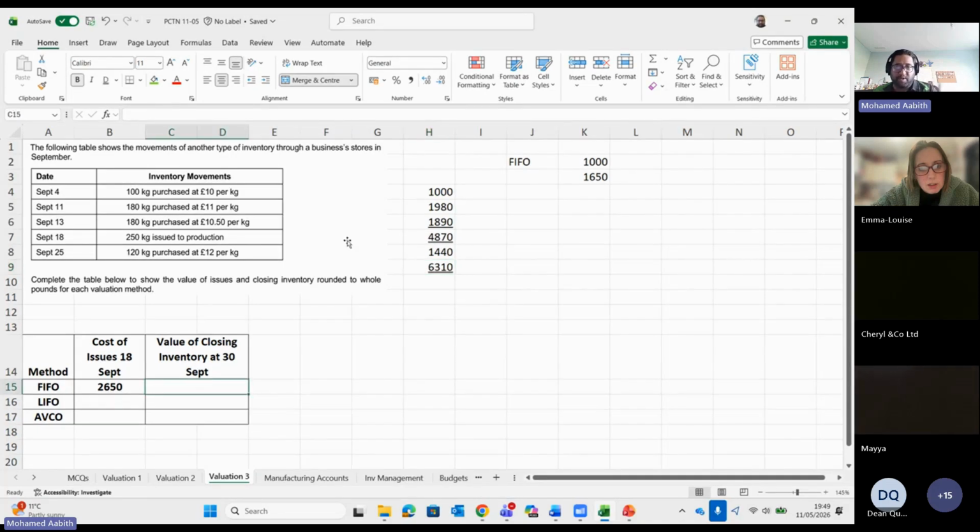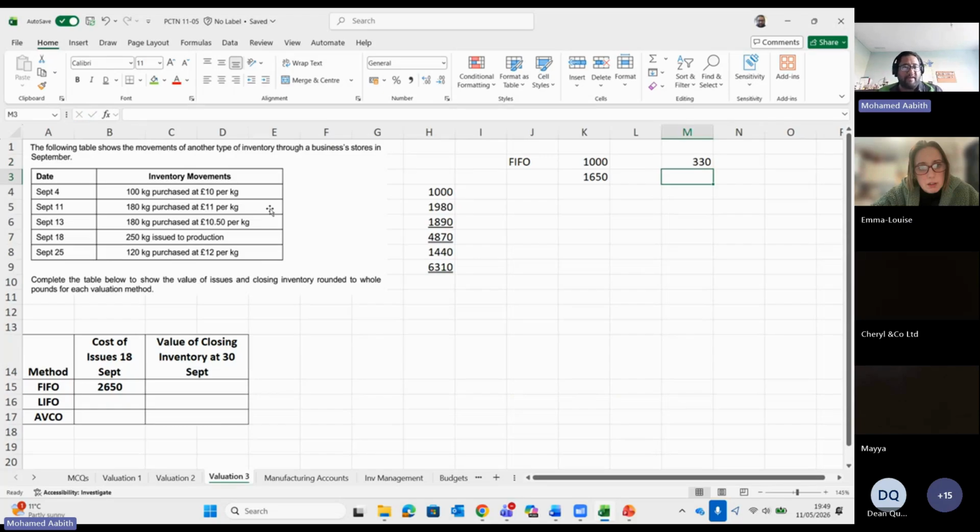But let's prove it quickly. What is the closing inventory in this scenario? Do I have anything from this 100 kilograms? No. Do I have anything from this 180 kilograms? Yes. We only spent 150 kilograms, so 30 kilograms left. So that equals 30 kilograms times 11 pounds a kilo.